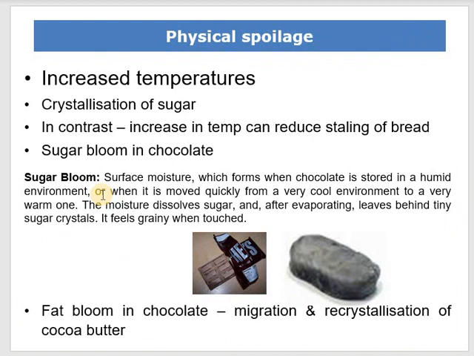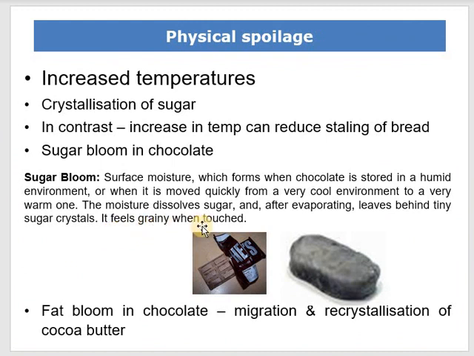When the water evaporates, the sugar remains on top. So the surface moisture usually forms when chocolate is stored in a humid environment, or when it's removed quickly from a very cool environment, like when you take it from the fridge to a warm one.